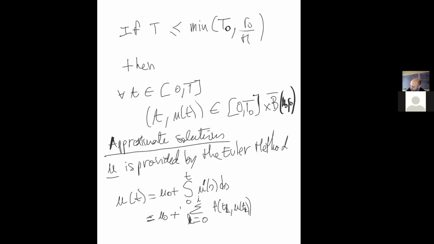So since it's the same, I can put it here, plus (t minus t_i) f of t_i, u of t_i. So assuming that t belongs to the interval t_i to t_{i+1}, and where I recall that t_i equals ih.